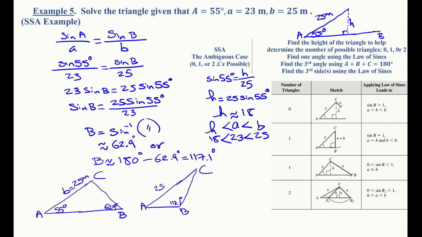All right, so at this point, we're going to be solving two different triangles, right? And that's going to be easy now. So what we can do is label these slightly differently. We can call this one B1 and call this one B2. So if you're going to go with that terminology, let's call this one C1 and C2.